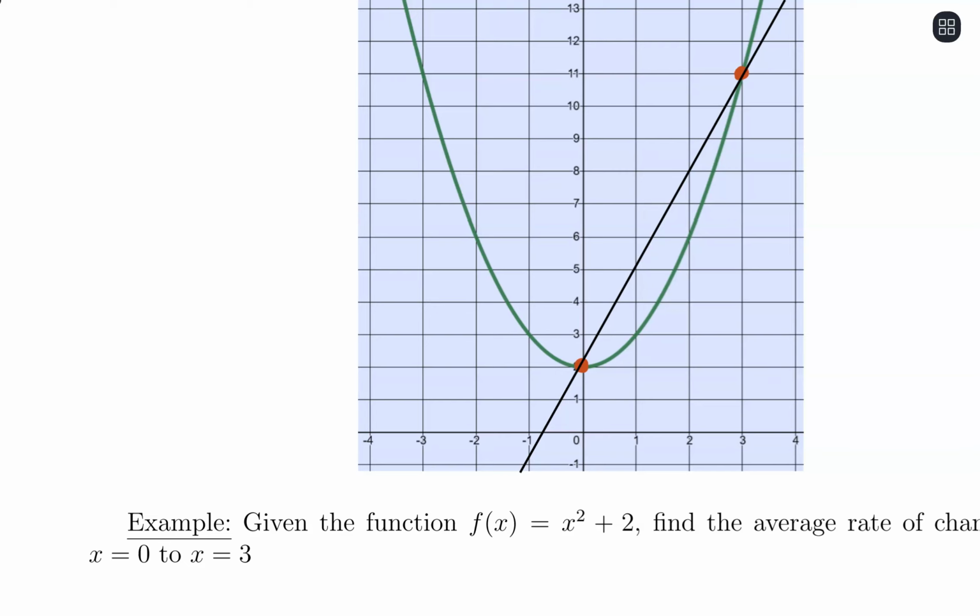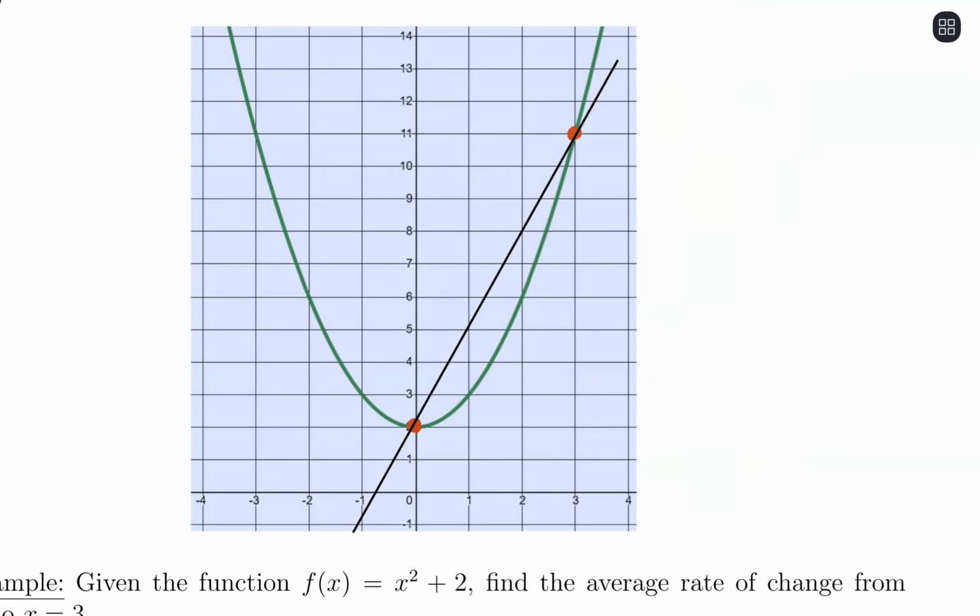So the secant line is specifically the line that goes through 2 coordinates on a function. We have our parabola doing its own thing, but then this linear function goes through our original function, and that's what the secant line is. So let's label that. That right there is the secant line.